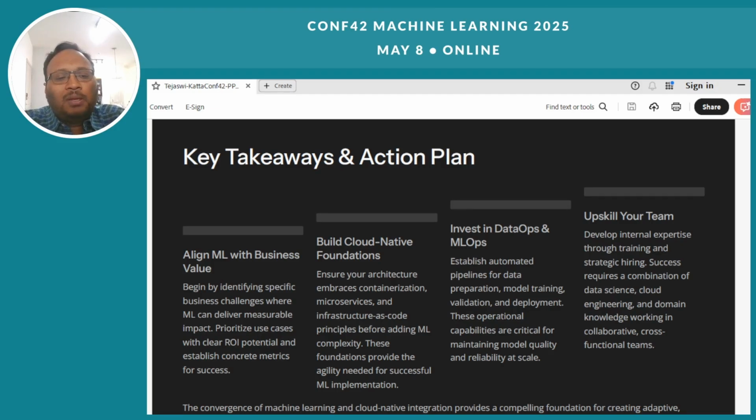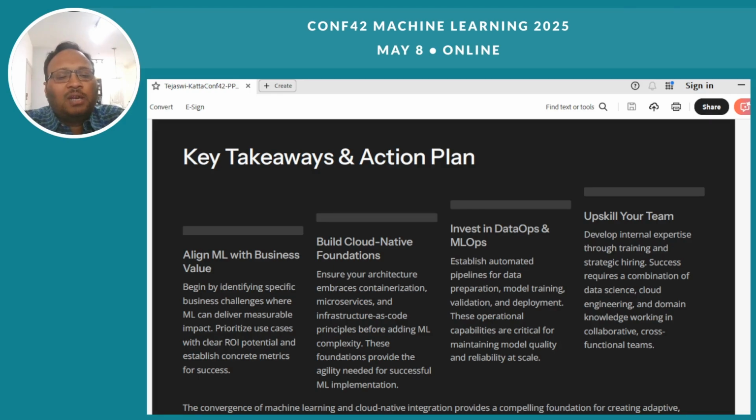So what are the key takeaways and the action plan in this session? To wrap up, four priorities will set you up for success. First, align each ML initiative with clear business value and metrics. Second, ensure your platform is truly cloud native, containers, microservices, infrastructure as code, before you layer on the ML.